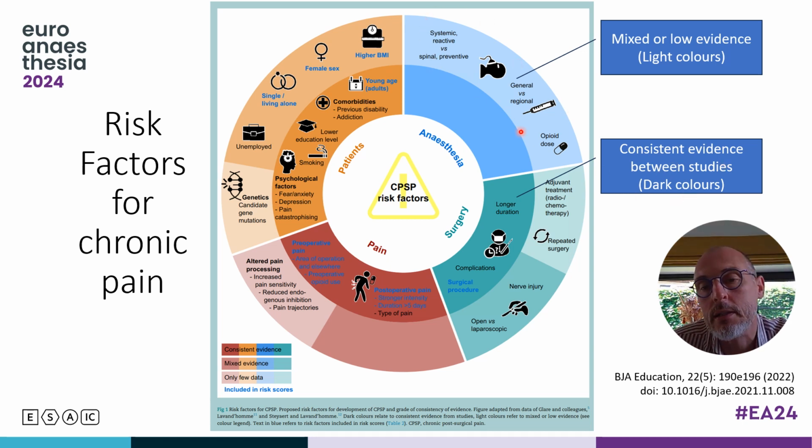The anesthesia related risk factors, like the use of general versus regional anesthesia or the amount of opioids used during surgery, have more mixed or low evidence quality. One of the factors that is consistently found in risk factors is the quality of the pain, where a patient who has preoperative existing pain or uses a lot of opioids, or a patient who has severe postoperative pain in the immediate post-op phase or during the first 5 days after surgery, these are strongly correlated with the occurrence of chronic pain.